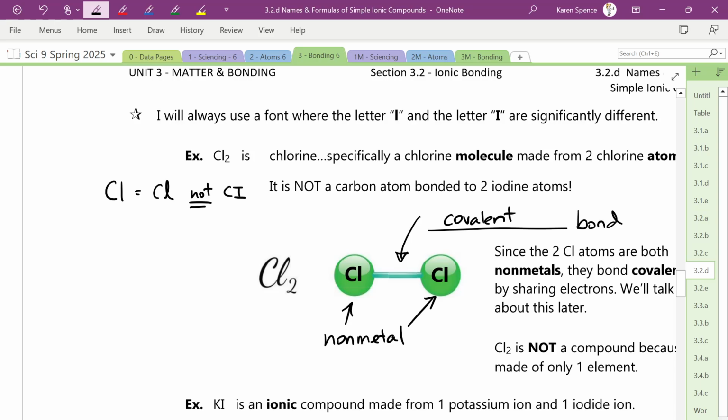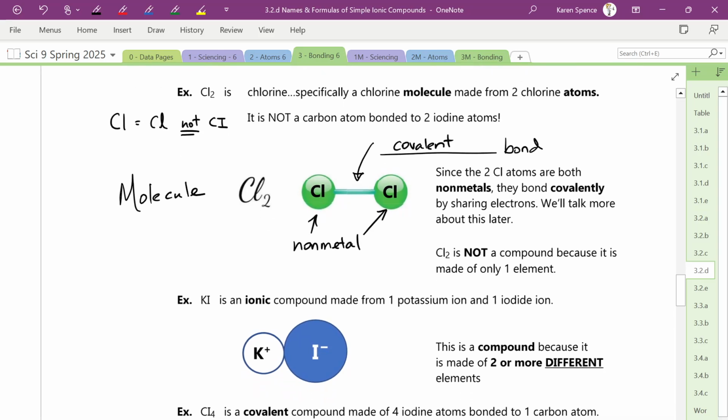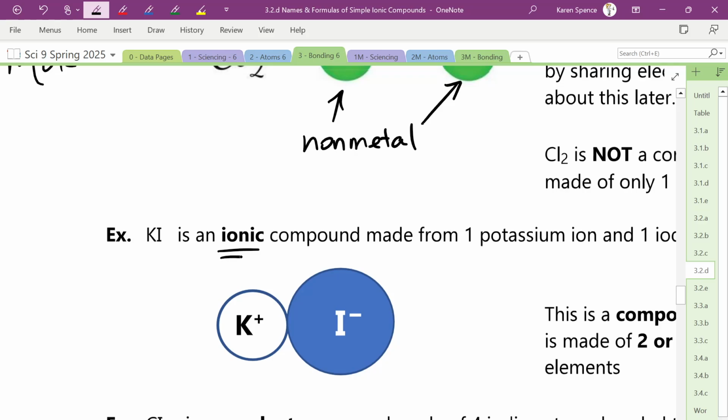What type of particle is that? That is a molecule, yes. KI is an ionic compound. What kind of a bond is this right here? Ionic. Super difficult, right?